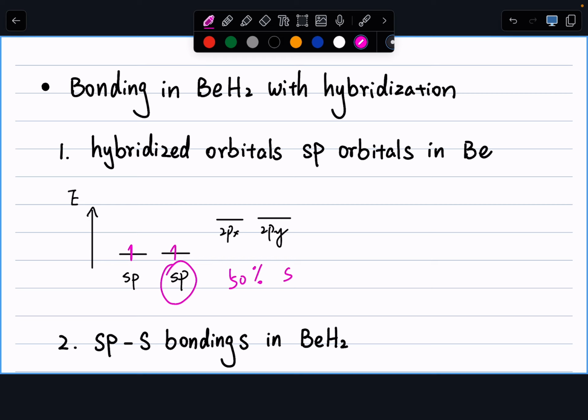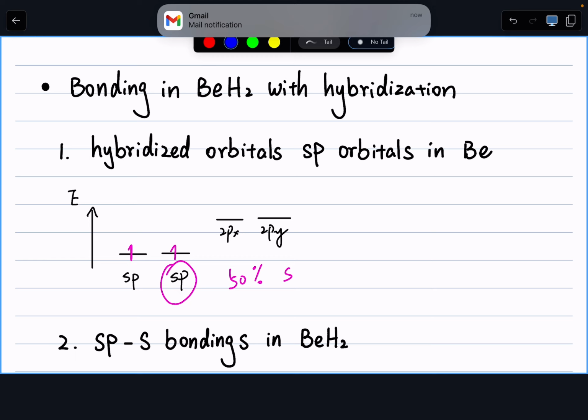We can do the same operation to form sp2 or sp3 hybridized atomic orbitals, depending on the need. So hybridization is actually deeply rooted in the need for hybridization. If we look at the steric number here, the beryllium center has a steric number of 2. It's forming 2 bonds, so it must be at least sp hybridized.